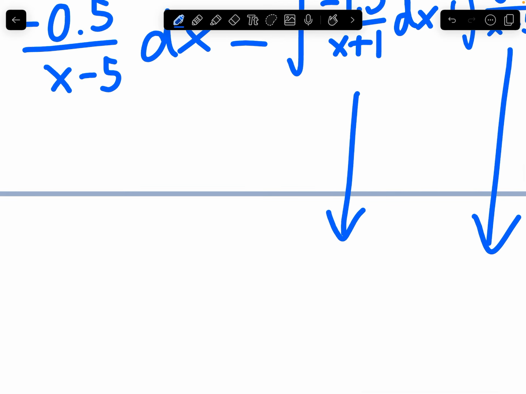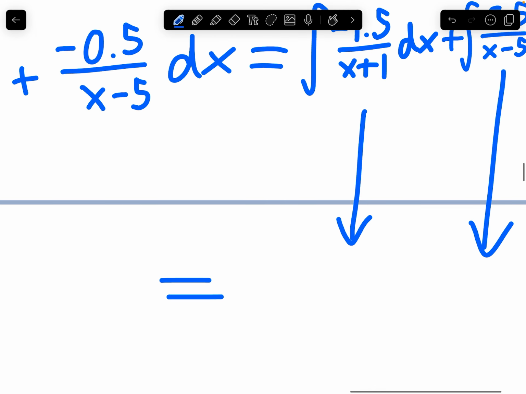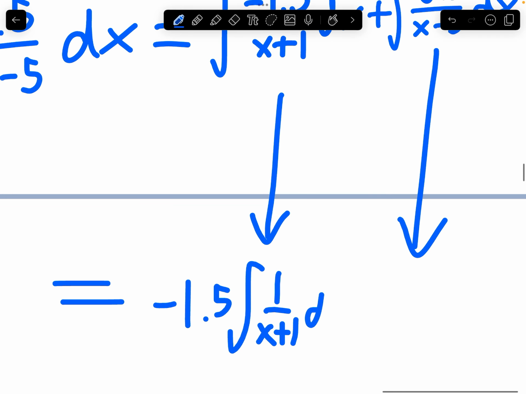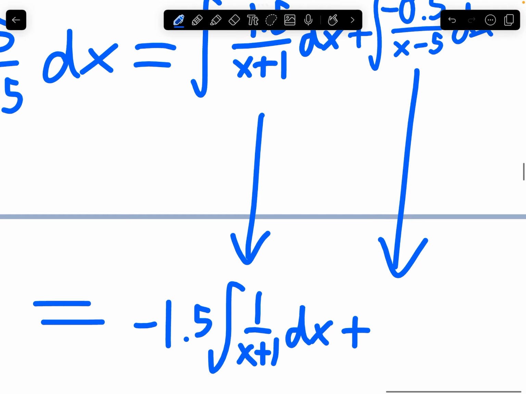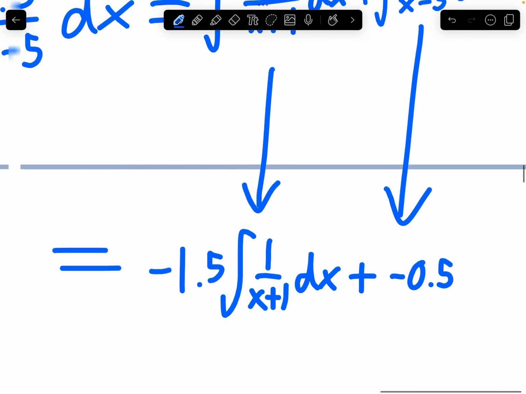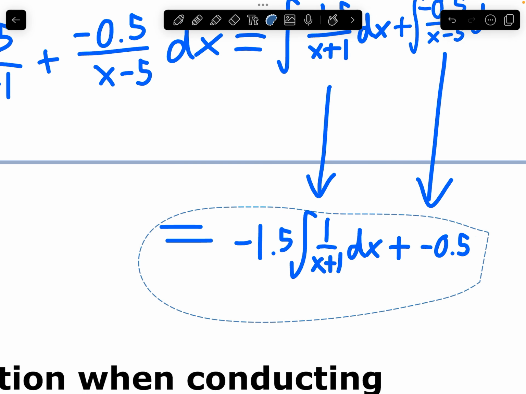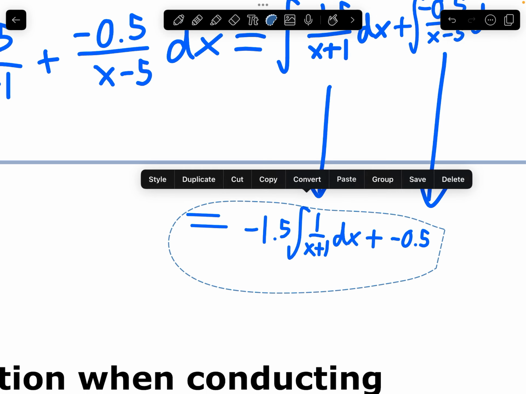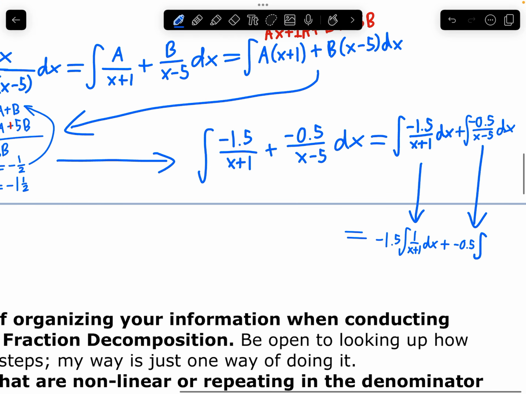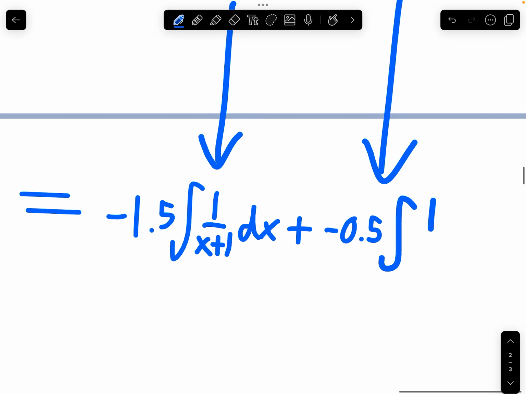So actually each of these should also be equal to negative 1.5 of the integral of 1 over x plus 1 dx plus negative 0.5 of the integral of 1 over x minus 5 dx.